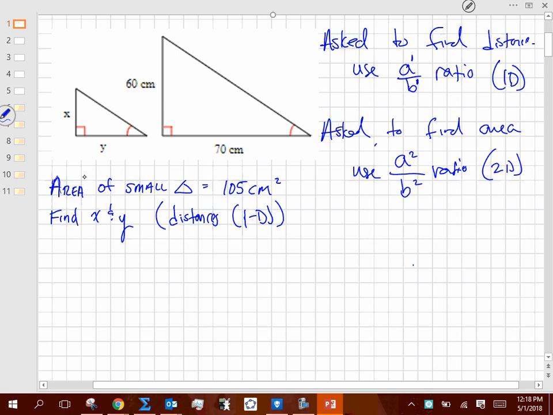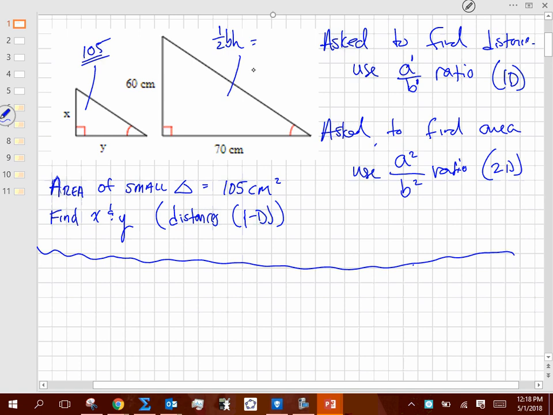So, that being said, they give me the area of that one to be 105 centimeters squared. They don't give me the area of this one, right? But they do. They imply the area. They give me the components that I can use to multiply these things together, right? Okay? 1/2 BH should give me eventually 30 times 70, doesn't it?